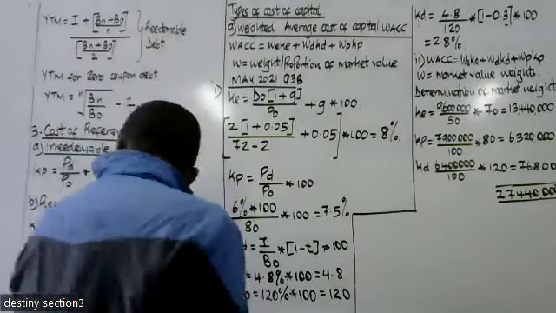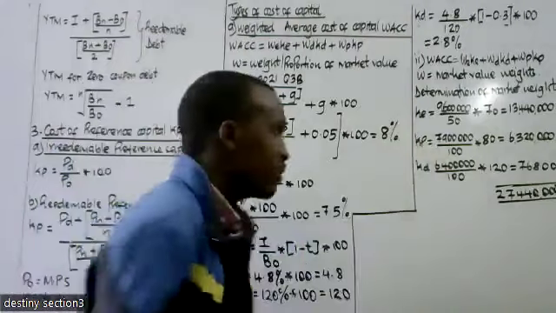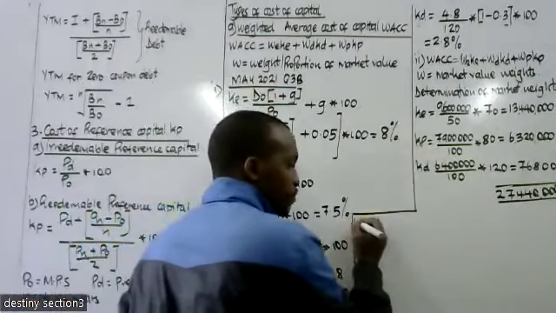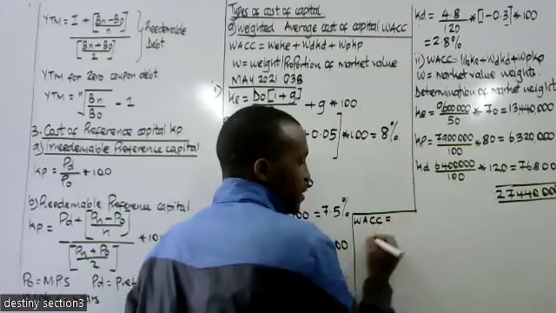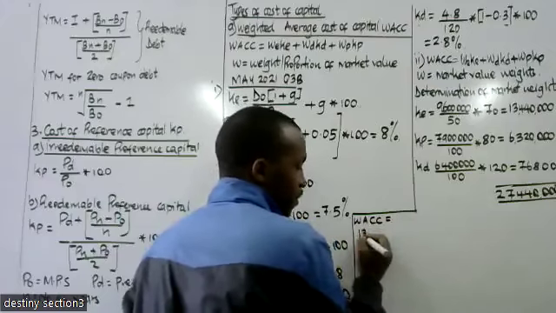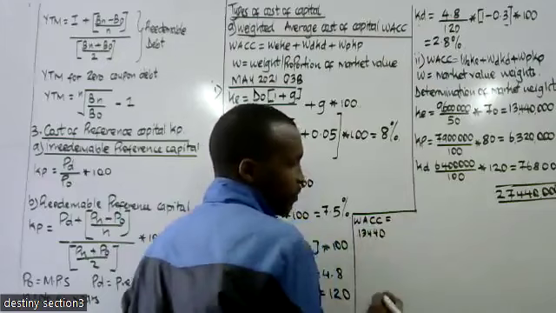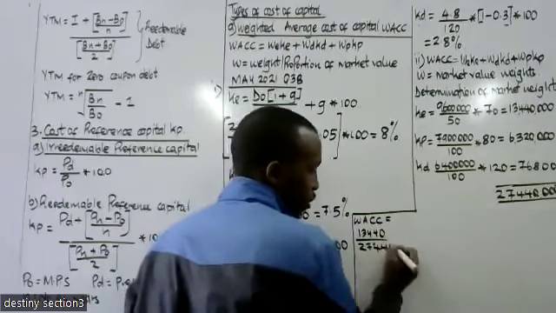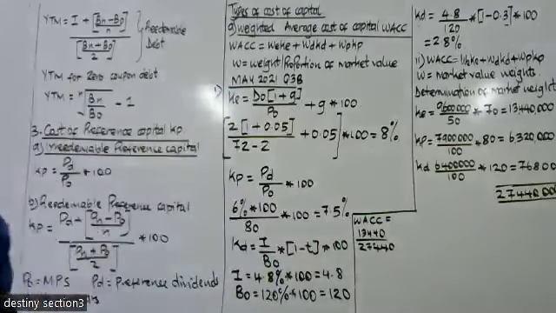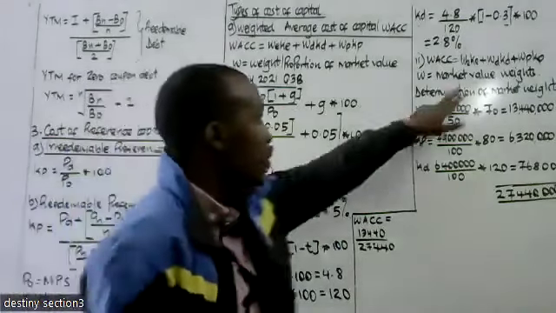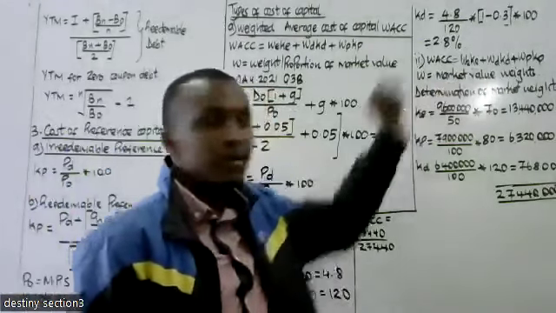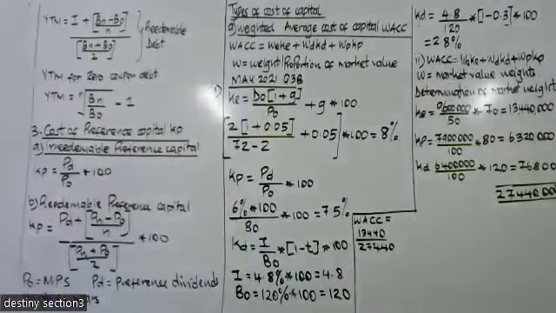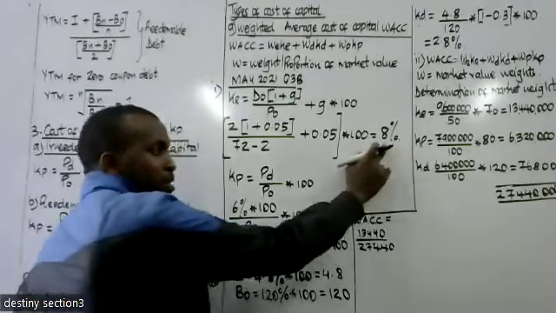The weight of equity, we divide by 27.40. Here is the weight of equity. We multiply by the cost of equity. How much is the cost of equity KE here? 8%.